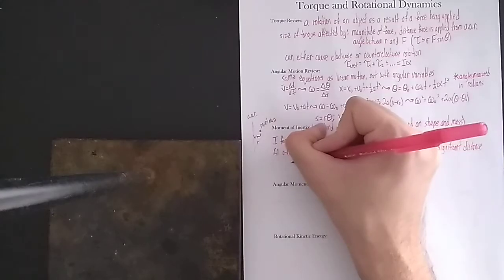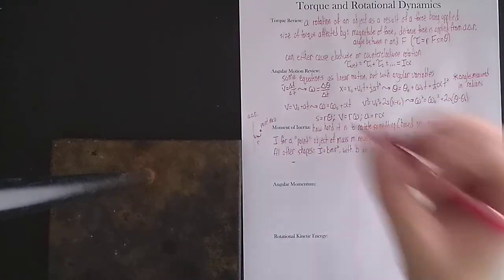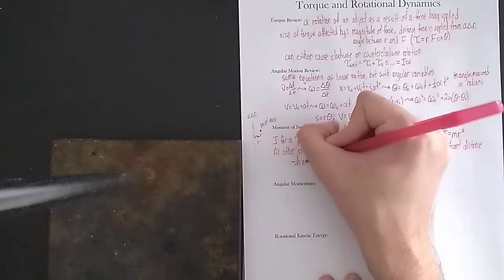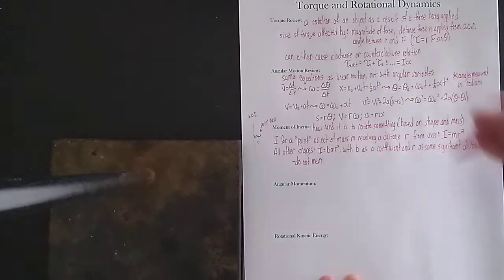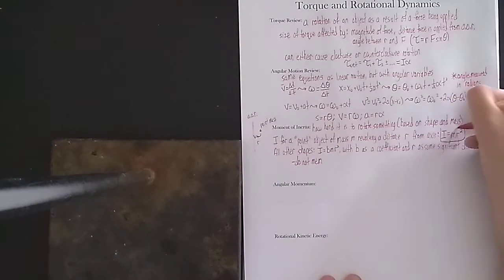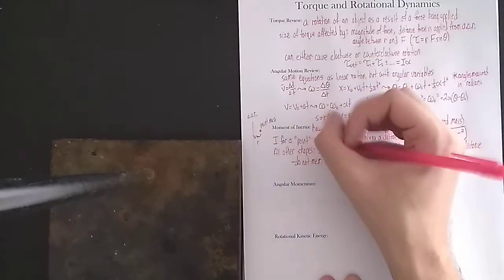This might sound a little intimidating. You're like, well, how do I know which one to use? Do not worry. Do not memorize the formulas for all these different shapes. You do have to memorize this one, but don't bother memorizing the formulas for all the different shapes.